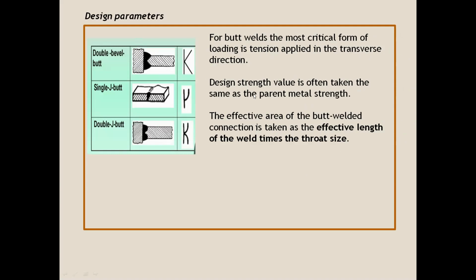The design strength of butt welds is often taken the same as the parent metal strength. You take the parent metal strength and the metal thickness to provide the thickness of the butt weld. The effective area of the butt welded connection is taken as the effective length of the weld times the throat size. This is the concept for the design parameters for butt welds.